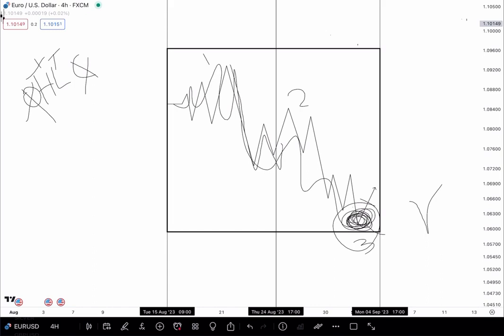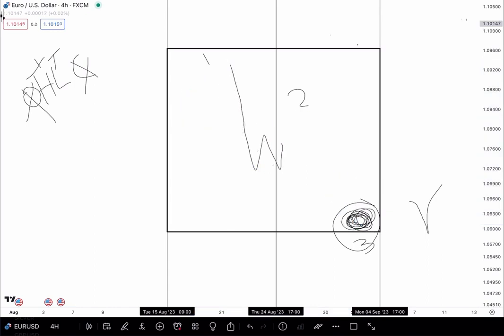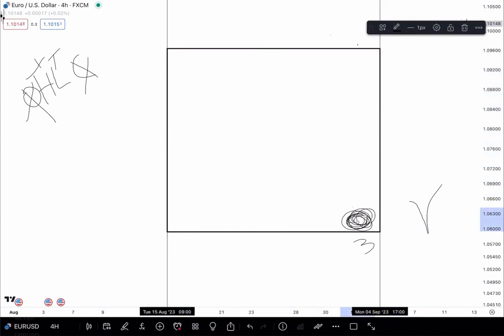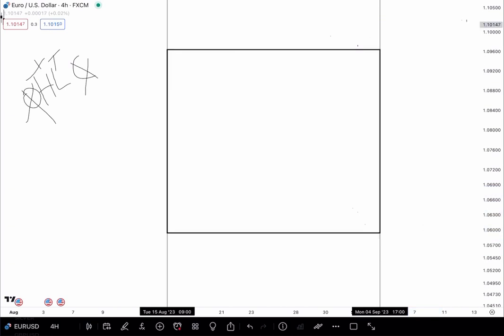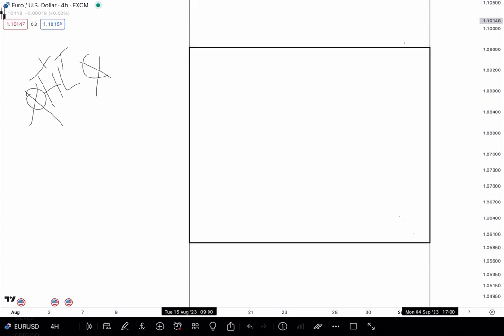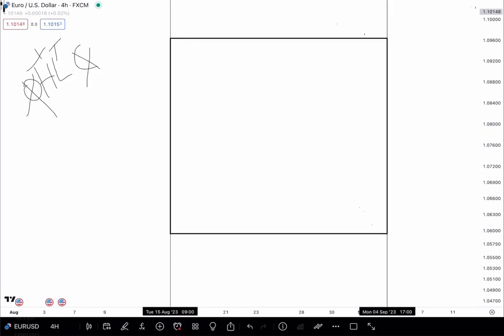All right? Now, this whole thing, this open, high, low, and close, the two main candles we're trying to predict or play with are the daily and weekly range, right?